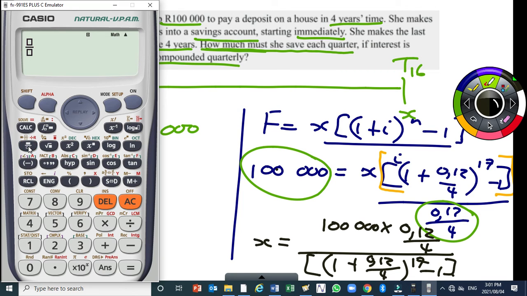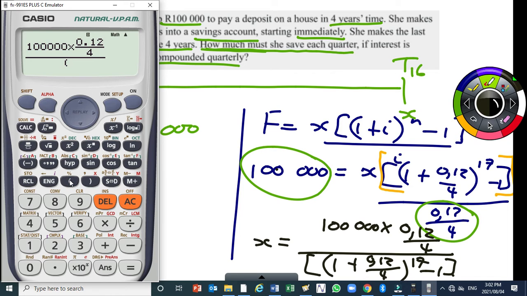Then I'm going to enter the numerator there, the 100,000 times the interest part. So it will be 100,000 times 0.12 divided by 4, right, all over.